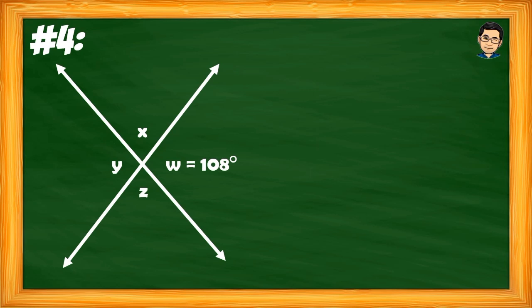So, dun muna tayo sa angle Y. So, the measure of angle Y is equal to the measure of angle W. It's because they are vertical angles. So, ibig sabihin, kung ang sukat ng angle W is 108 degrees, the measure of angle Y is also 108 degrees.